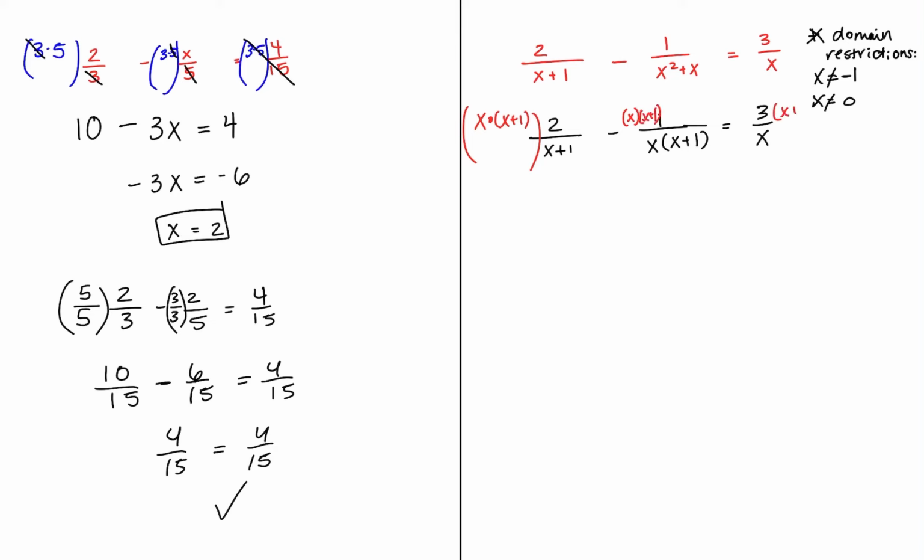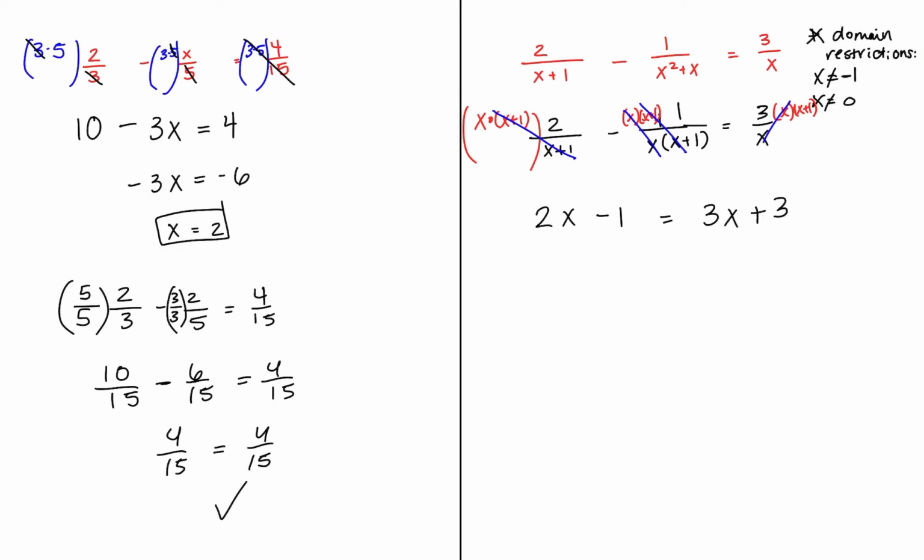I see here my x plus 1s will cancel out, and I will be left with 2x. Over here, my x and my x plus 1 cancel out, and I am left with a -1. And over here, my x cancels out again, and I will have to distribute that 3. I'll be left with 3x plus 3.